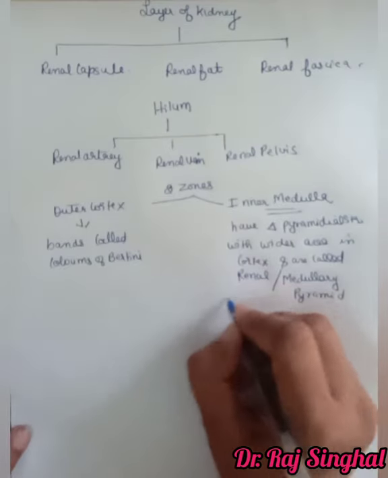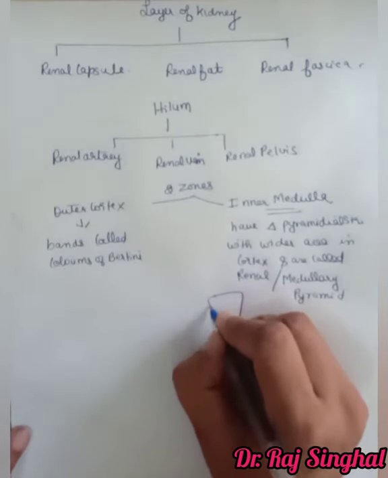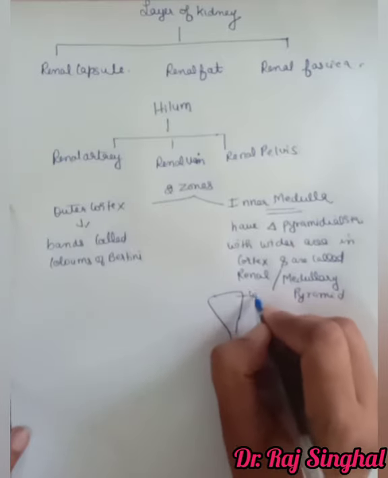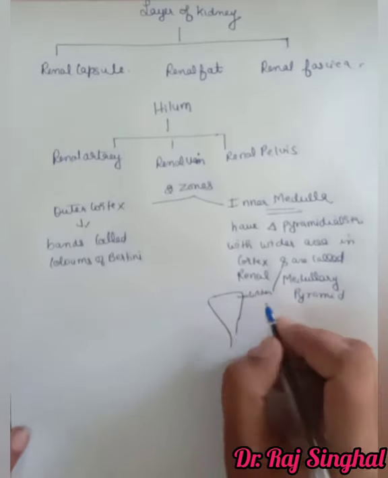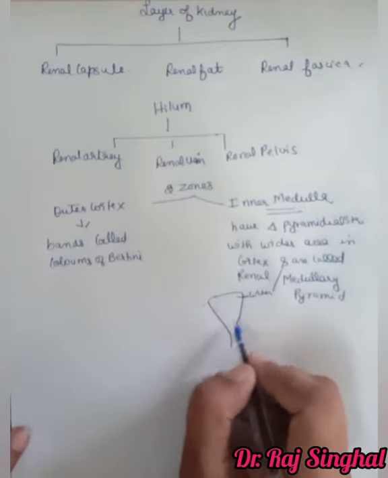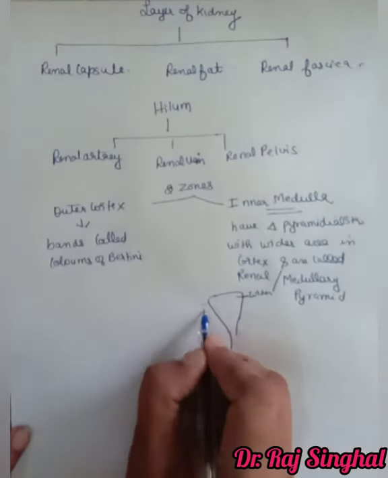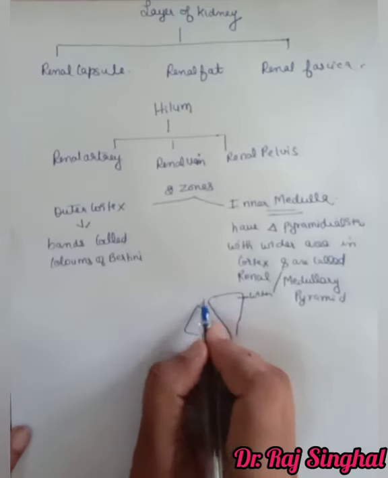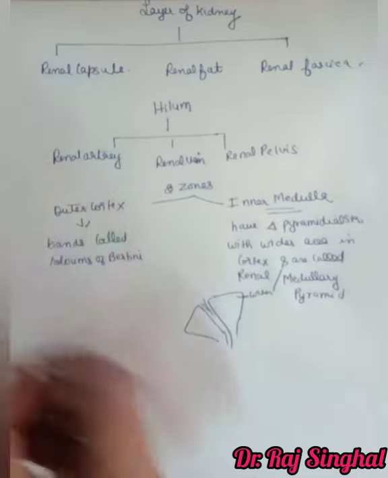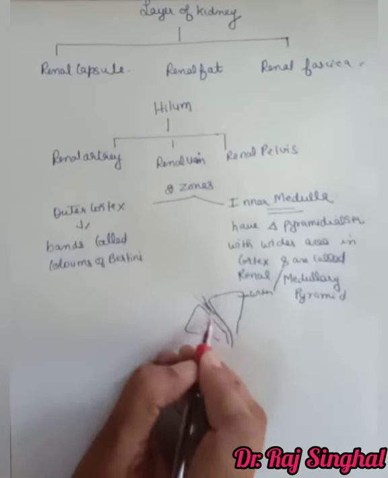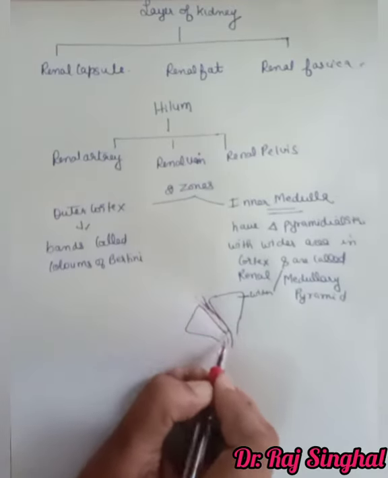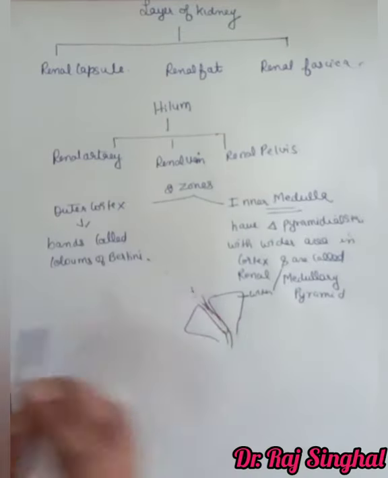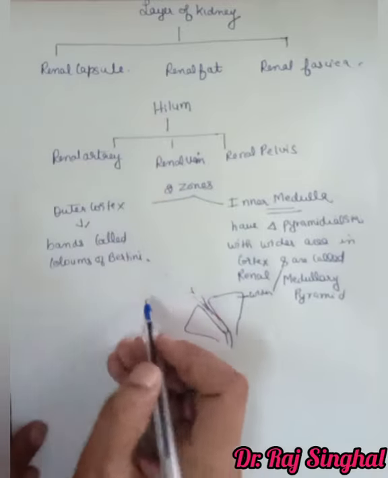Like this, the wider end is toward the cortex and is embedded in the cortex. The narrower end is towards the medulla. In between these two pyramids, this cortex region is embedded, forming a band-like structure, and this band is known as the renal columns of Bertin.